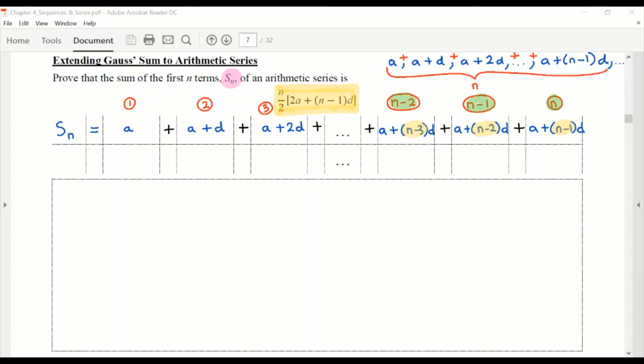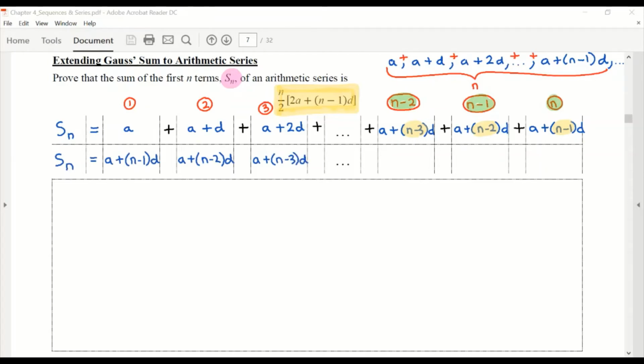Now we're going to write out the series again, and this time we're going to use Gauss's trick. We're going to write it backwards. So we're going to start off with the nth term, which is a added to n subtract 1 d, and then we reverse engineer it: a plus n subtract 2 d, a plus n subtract 3 d.